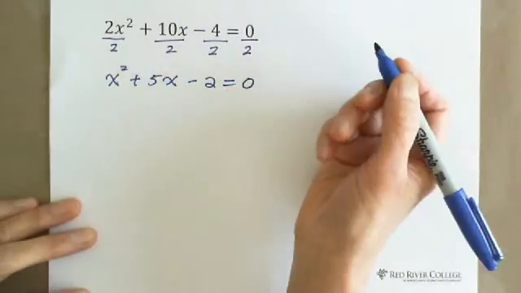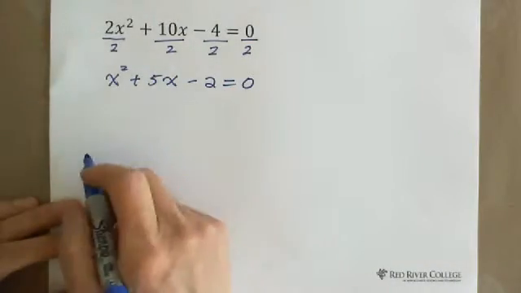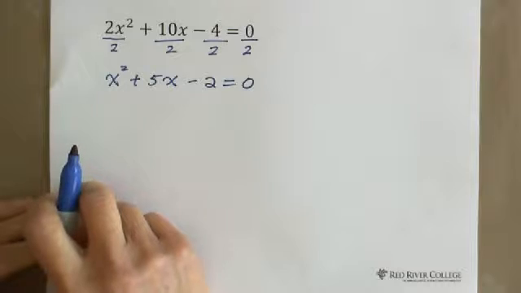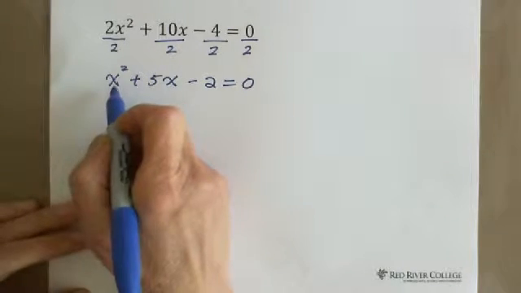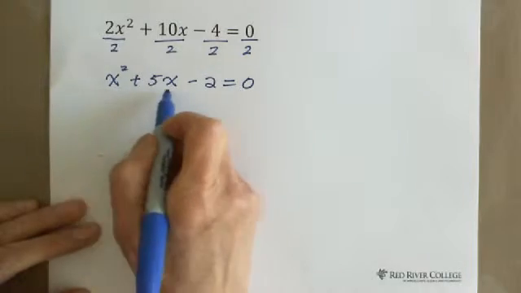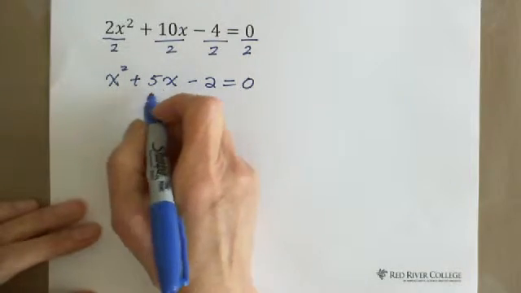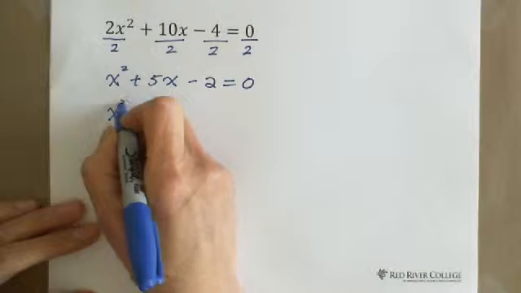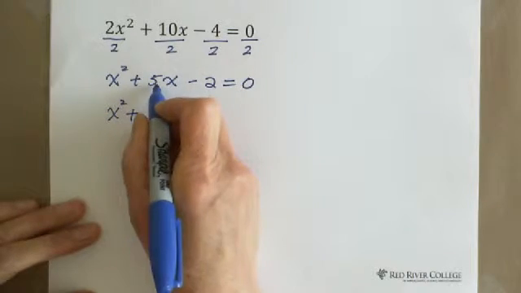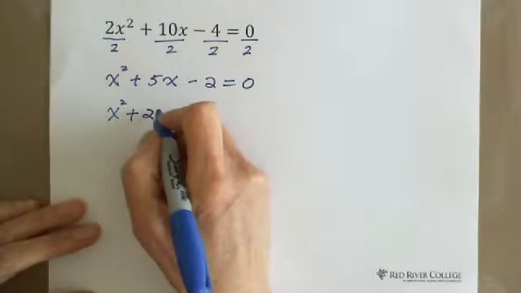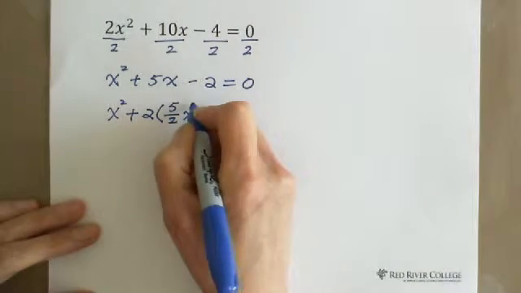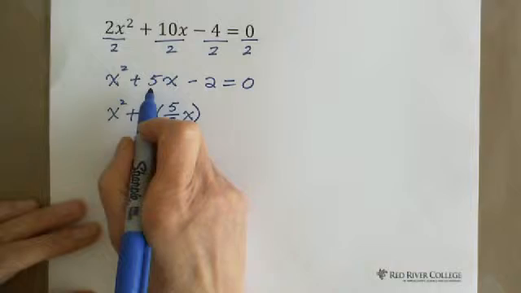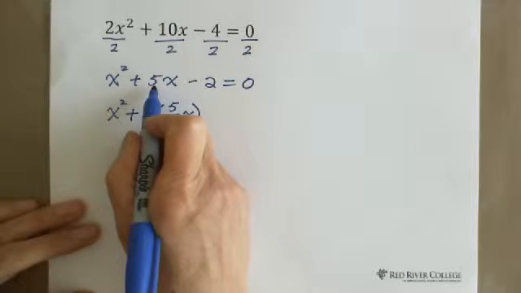Zero divided by 2 is still 0. At this step, we start completing the square. As I said, completing the square only relates to the first two terms, so x squared plus 5x is x squared plus 2 times 5 over 2 x.